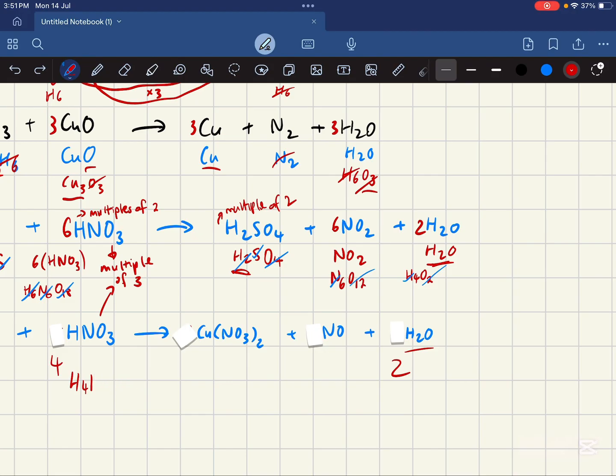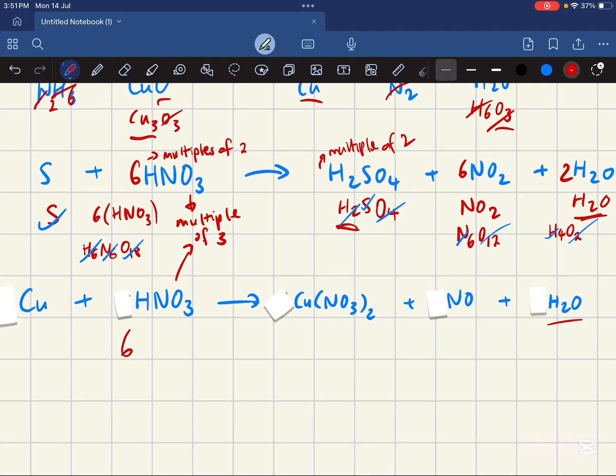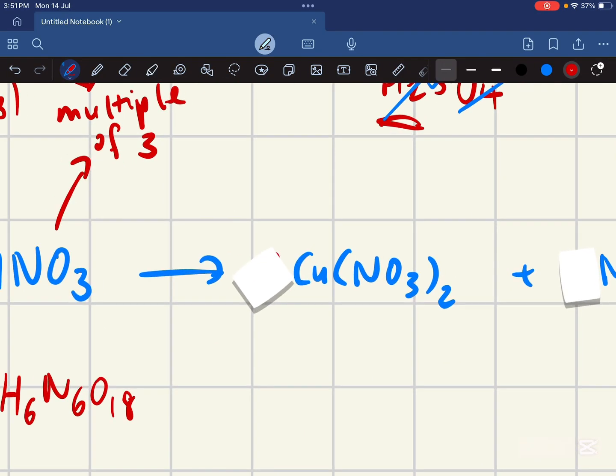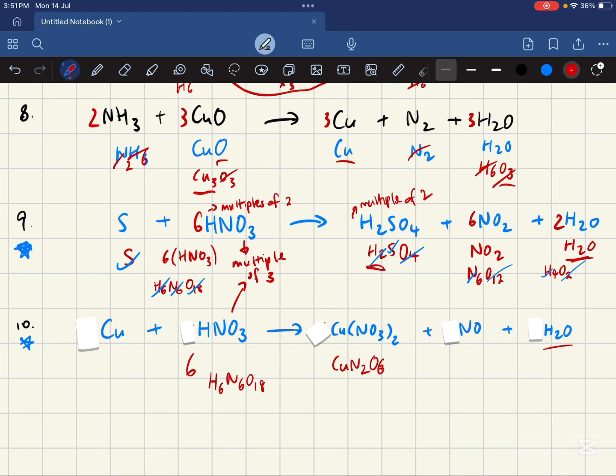So guess what? We'll have to increase it again to 6. So that's H6, N6, O18. Here's again Cu2, O6, 6, so this is 3, so H6, O3, 9.